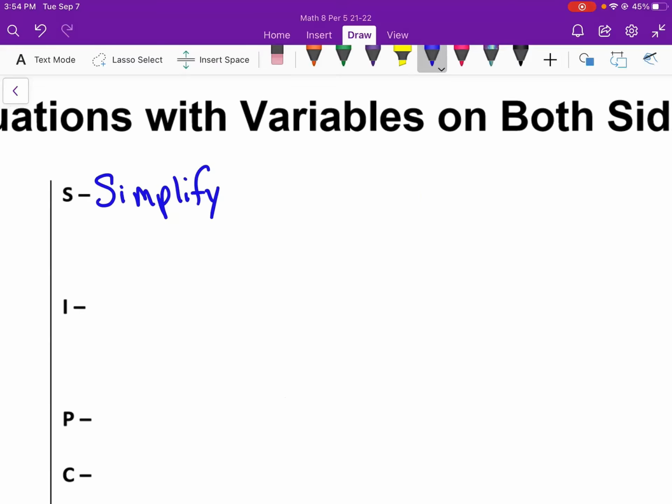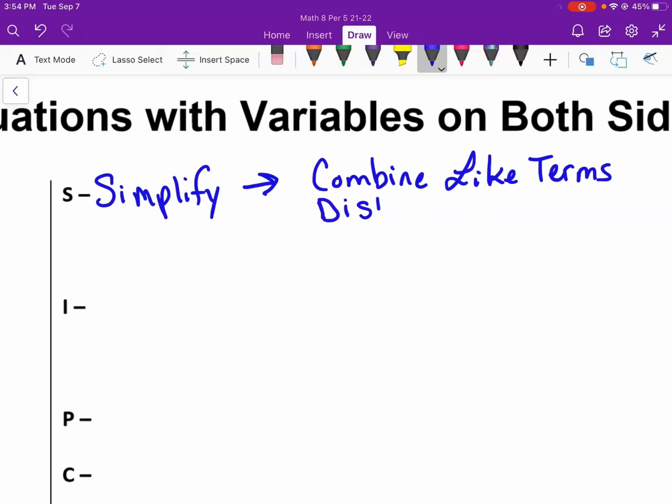So this could mean a number of things. It could mean combine like terms. It could mean you've got to do distribution. You may want to eliminate fractions.